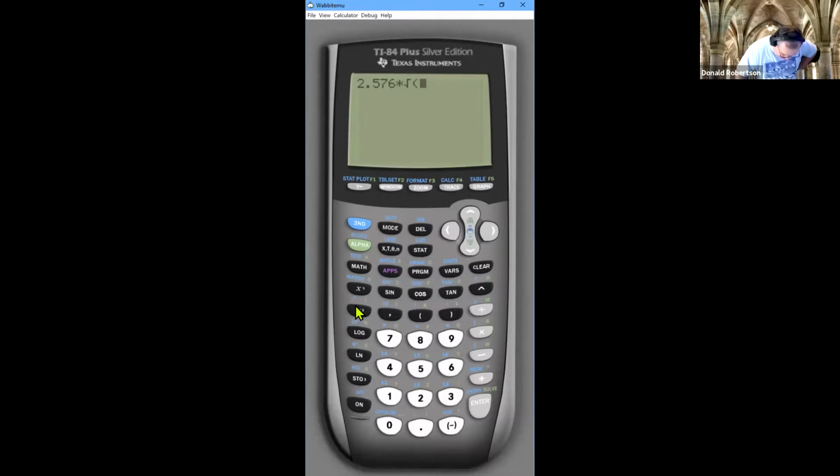Now, as long as I keep enough brackets in here, I should be fine. So the first fraction is 86 out of 93. I'm going to multiply that by 7 out of 93. That's the ones that said they would actually have kept the money. And then divide the whole thing by 93.